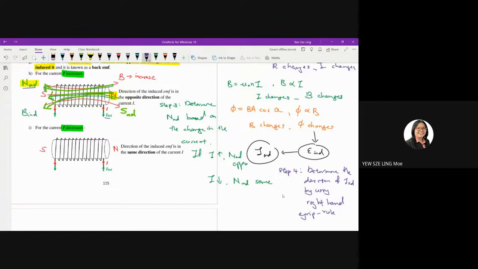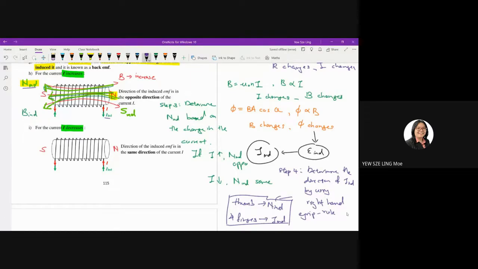So in step number 4 right now, your thumb represents the direction of N induced, whereas the four fingers represent the direction of I induced. So that is the difference between step number 2 and step number 4. In step number 2, you use regular I to determine the position of the regular north pole. And in step number 4, you use induced north pole to determine the direction of induced current. That is the difference.